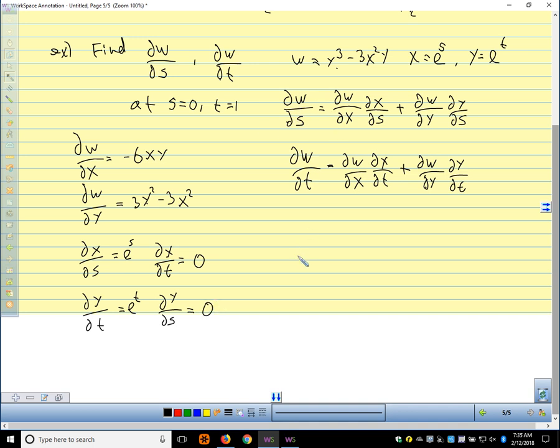So when I substitute these in, the partial of w with respect to s is minus 6xy e to the s. And in terms of my independent variables, I want to substitute for x and y here. This is minus 6 e to the s, e to the t, e to the s. So we could write that as minus 6 e to the 2s plus t.